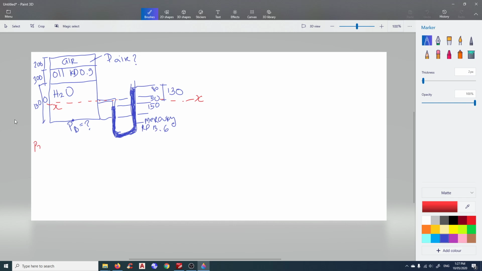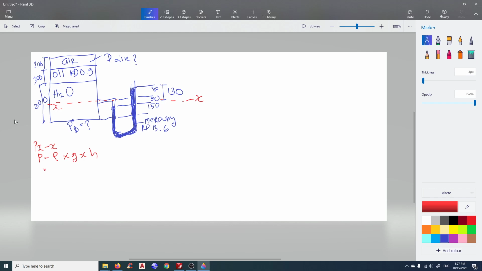So the pressure at XX is simply pressure equal to rho times g times h, so nothing changed. But we can calculate this very quickly because we have the mercury manometer here.